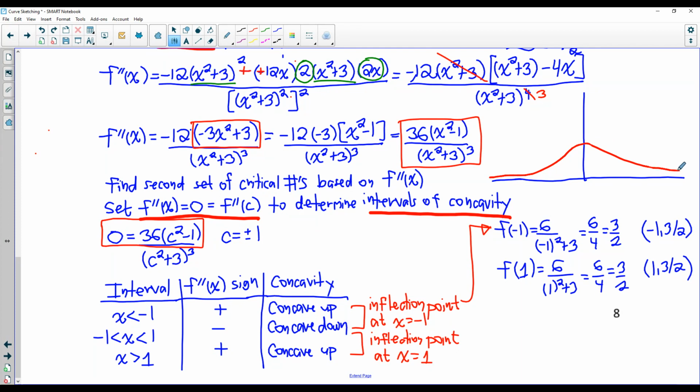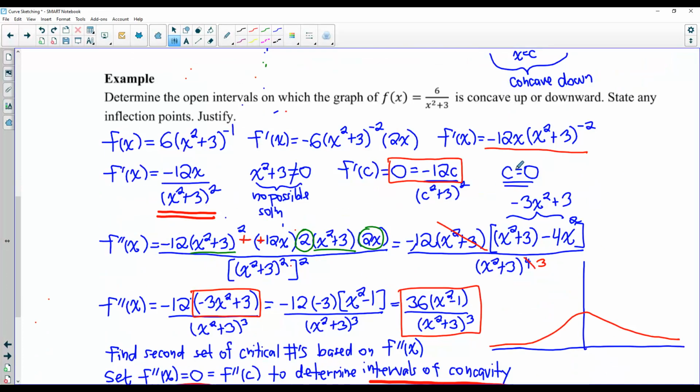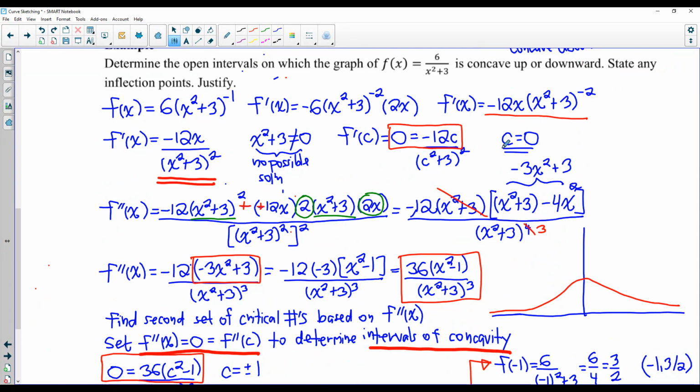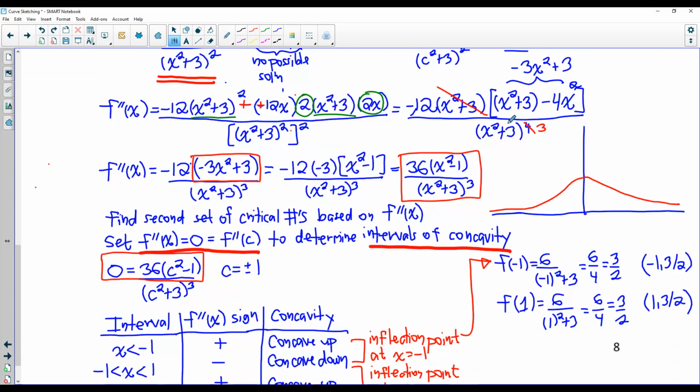And then it drops back down like that. Now, we already identified that there was a critical point with the first derivative test at x is equal to 0. And we could have actually proved that by setting up a chart where we have the increasing and decreasing intervals, but it wasn't something that the question asked for, so we didn't need to do it.